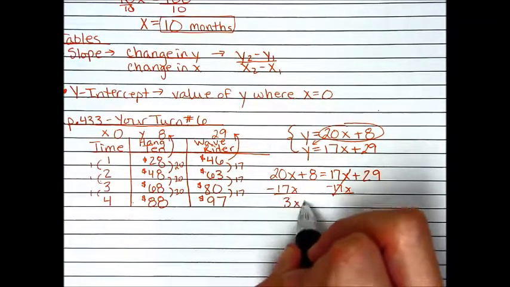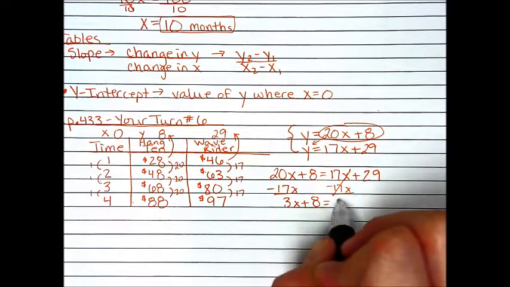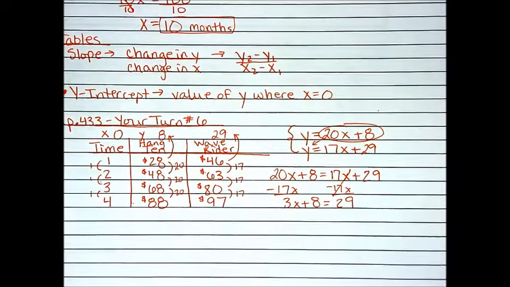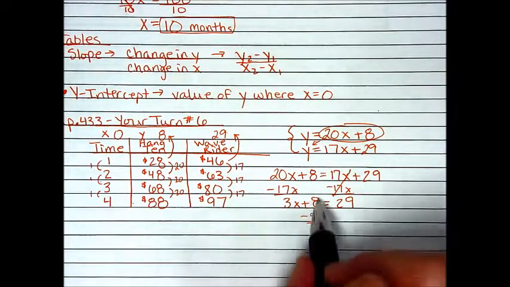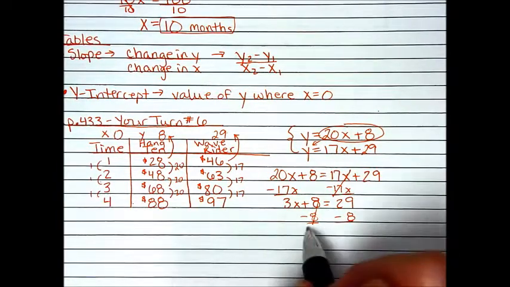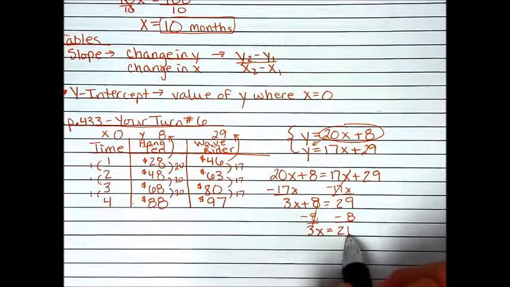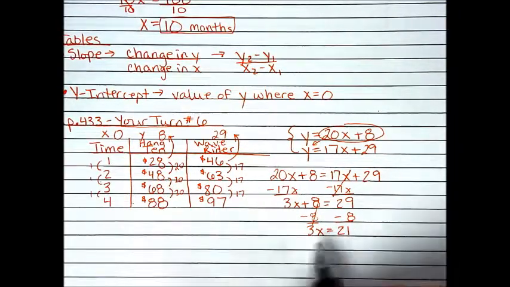So 3x plus 8 equals 29. Subtract the 8. So 3x equals 21. Divide by 3. x equals 7.